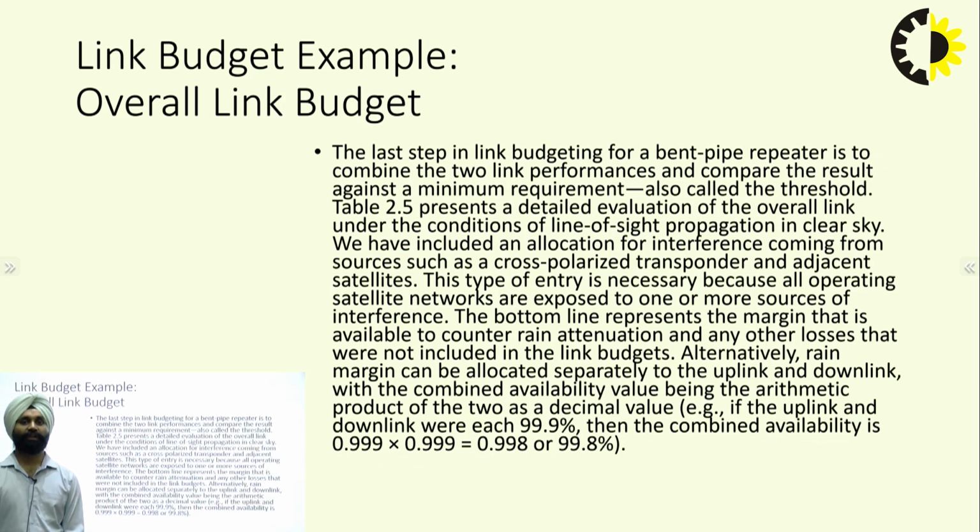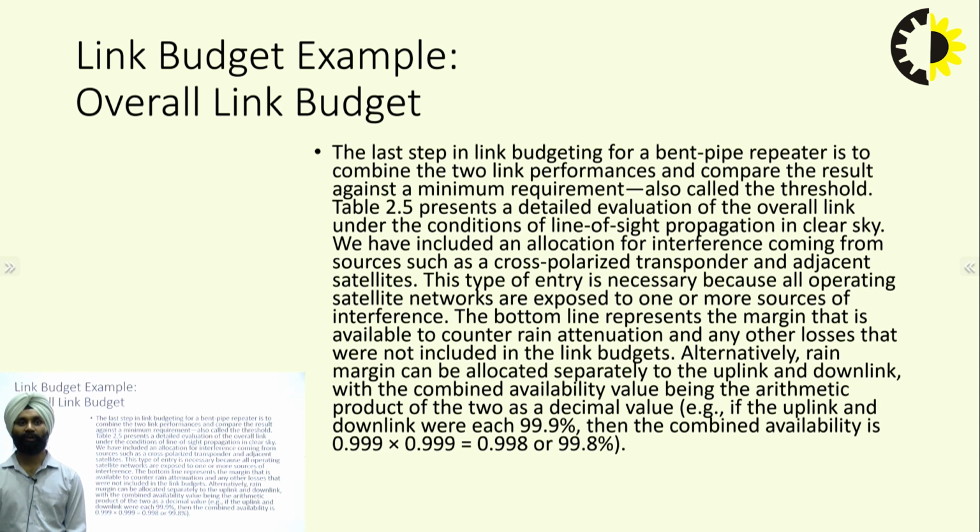When we have calculated the uplink budget and the downlink budget, the last step is to calculate the overall budget. The overall link budget means the uplink as well as the downlink. The last step for link budgeting for a bent pipe repeater is to combine both the uplink and the downlink performances and compare the result against the minimum requirements.